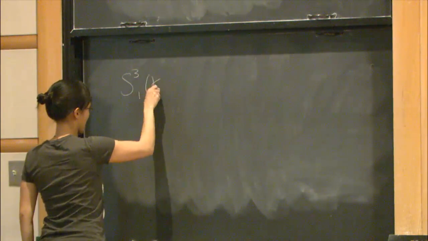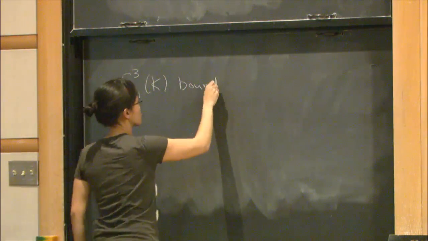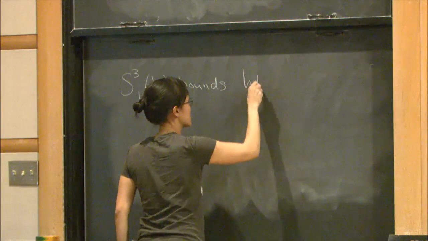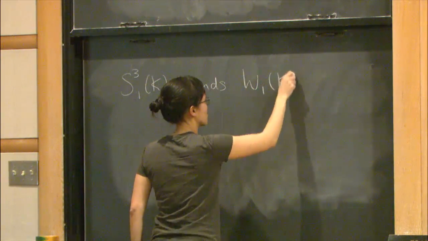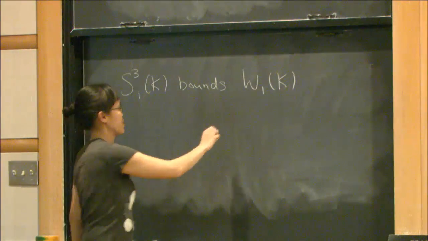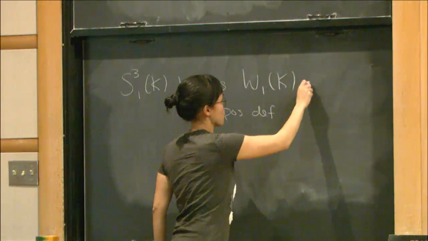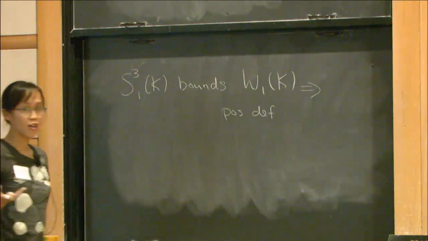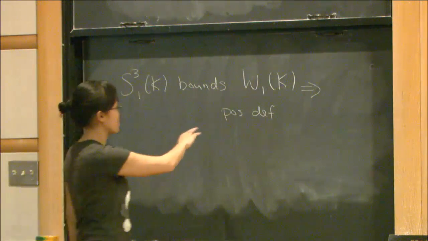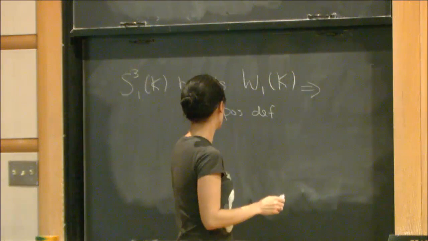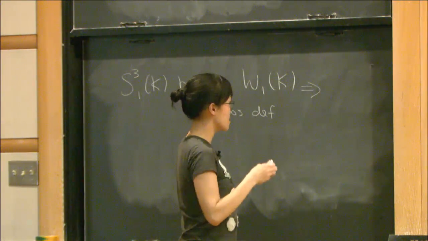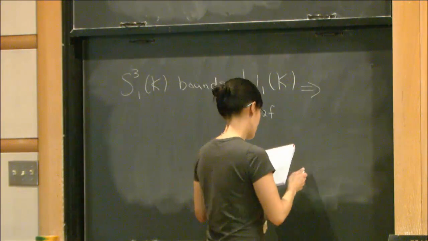Plus 1 surgery along K, well, this bounds the trace. This is positive definite. And so it's a property of the Heegaard Floer D invariants that if you bound something that's positive definite, well then your D invariant is non-positive.